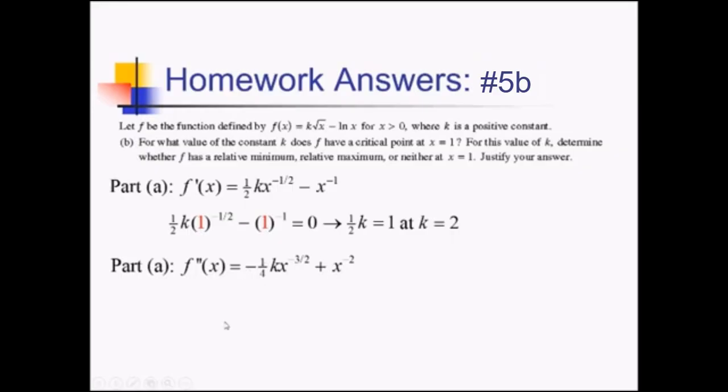So that's going to be negative 1/4 times our k value that we just found, which was 2, times the x value 1 to the negative 3/2, plus 1 to the negative 2. So let's see, 1 to anything is just 1, so this is really negative 1/4 times 2, which is negative 1/2. Over here, 1 to the negative 2 is just 1, so we're adding that. Negative 1/2 plus 1 is positive 1/2.